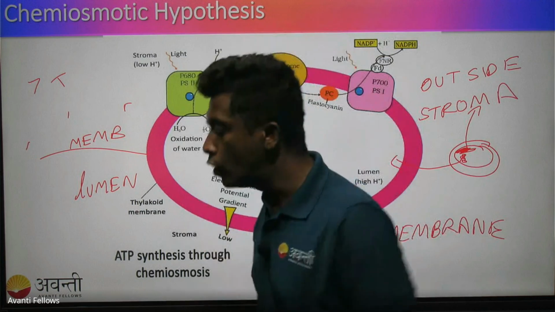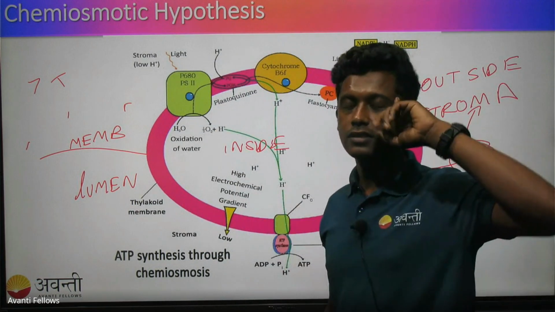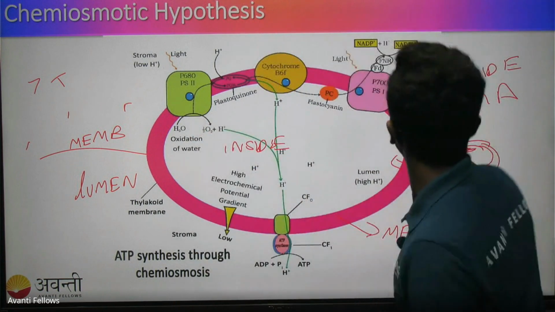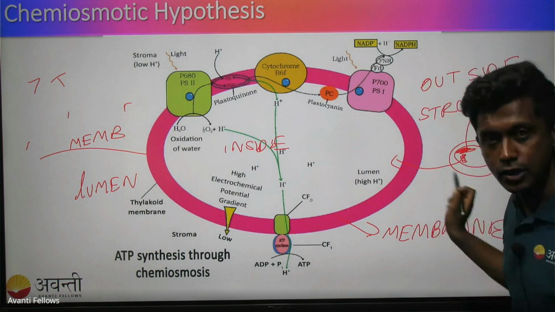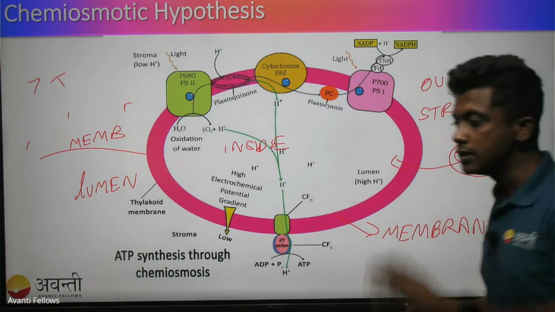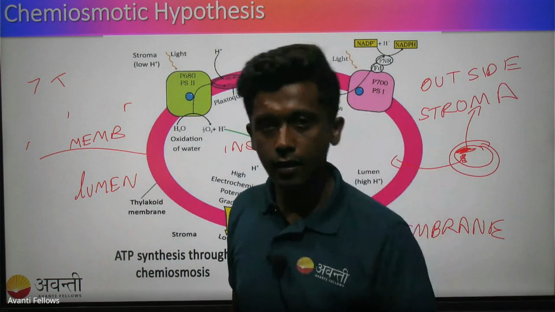Now I told you that there are three regions we have to remember or imagine. Let us say we have the chloroplast. Within the chloroplast is the uniform stroma. Within the stroma, we can see piles of coin-like structures, which we call grana.